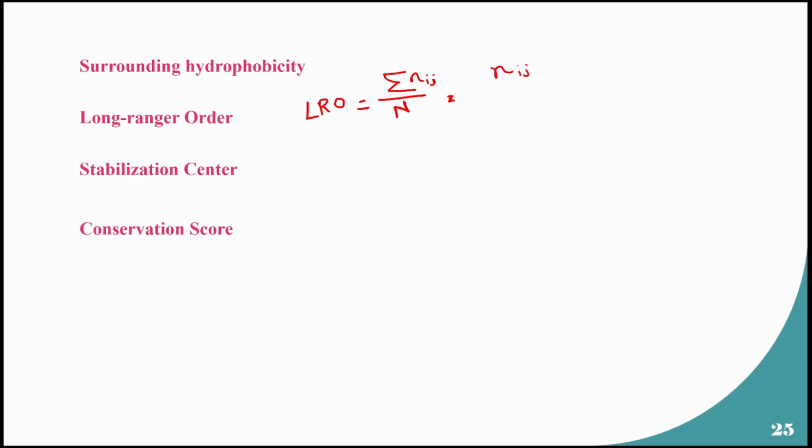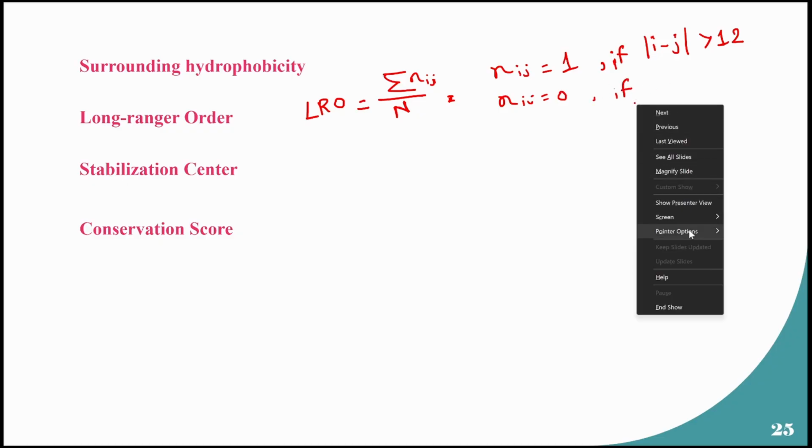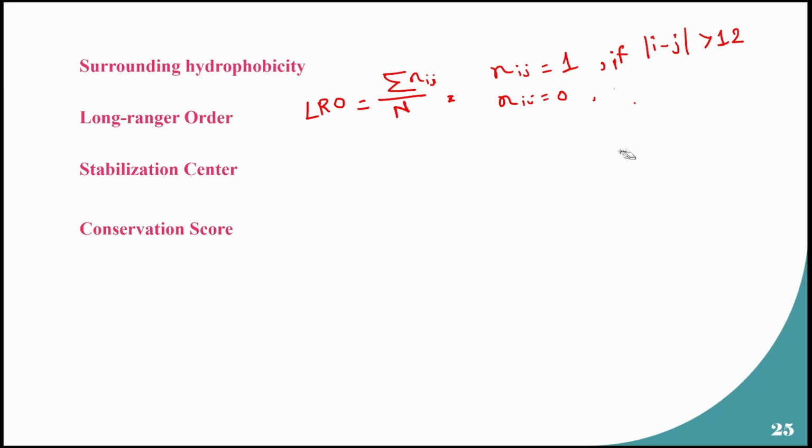In this particular case, Nij will be equal to 1 if the two residues I and J are forming contact, of course, and if they are in sequence space situated at a position greater than 12, so there is a distance of 12 residues between those.